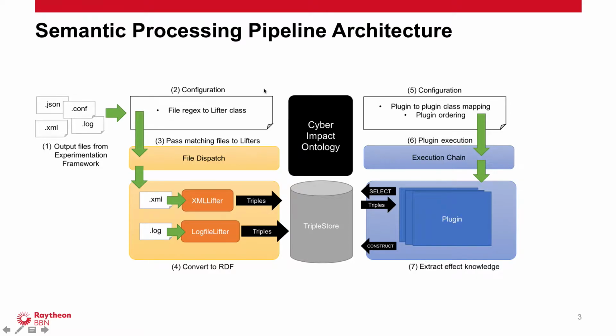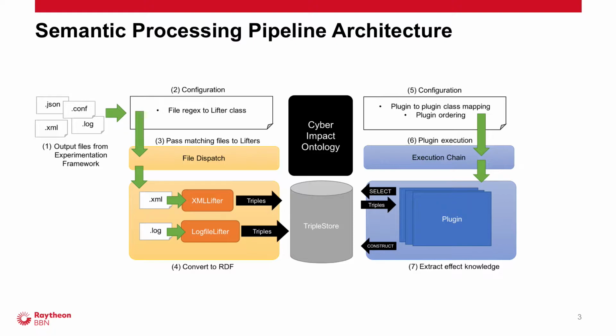We look at the file names and compare those to the lifter classes which we have. A lifter is a component of the semantic processing pipeline which will take specifically formatted input files and transform, or lift, those into RDF triples.